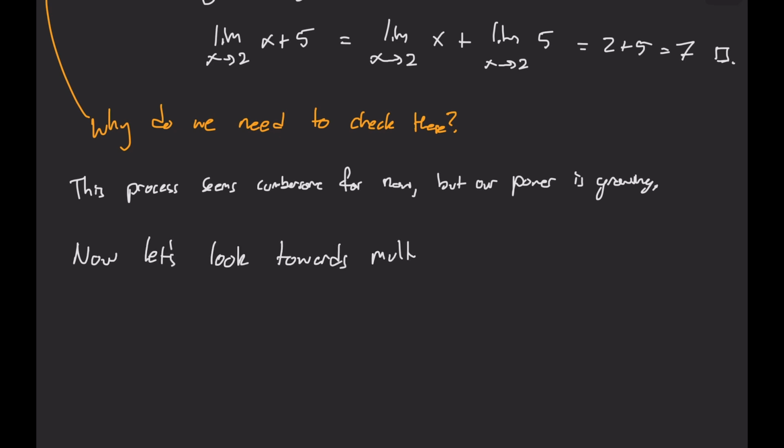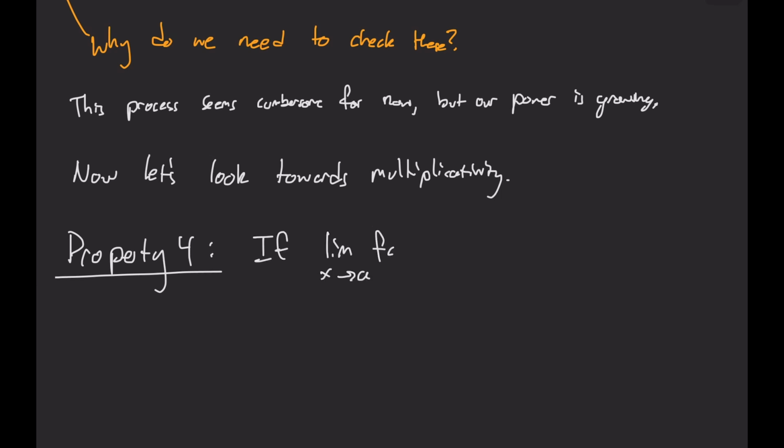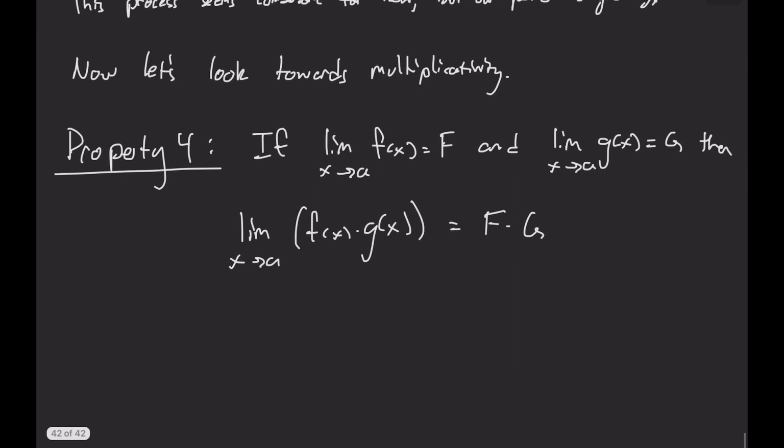Okay, so now we're going to look towards the product rule, or the multiplicativity of our limits. Just to remind you, the statement says that if the limit of f is capital F and the limit of g is capital G, then the limit of their product, f times g, is capital F times capital G. And again, we can write that instead as the limit of little f times the limit of little g.